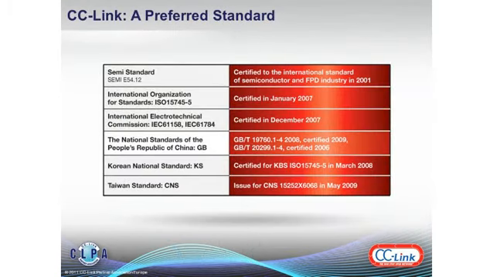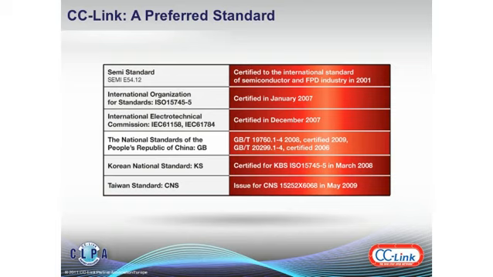So let's step back away from the industries for a moment and consider another source of encouragement for using CC-Link in China. This little table shows you the various different standards to which the CC-Link network technologies are certified, but the key one from our point of view for the Gateway to China program is the one on the 4th row.